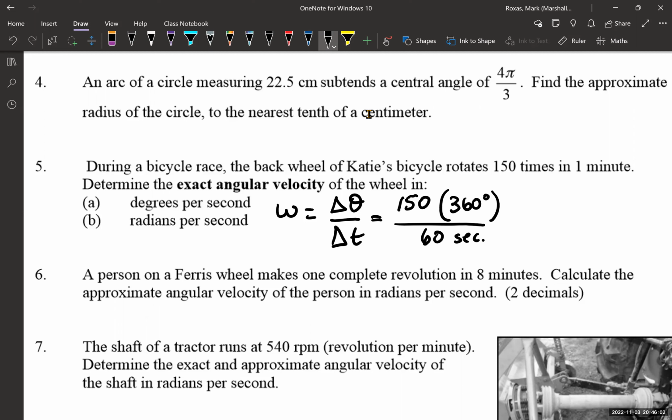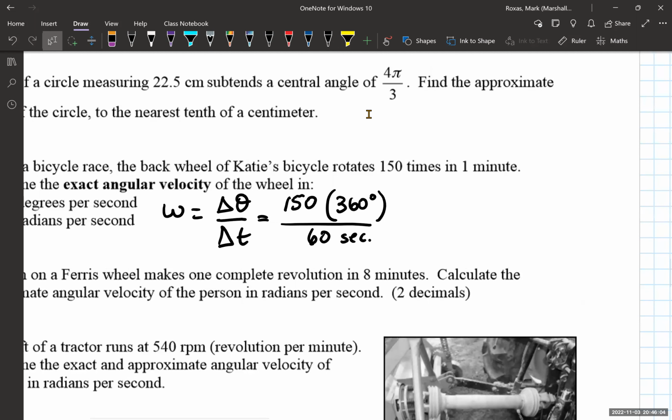I'll try and stick to SI units as much as possible. So 150 times 360 divided by 60 is going to be 900 degrees per second, right? Because the unit on top is degrees, the unit on the bottom is seconds, so degrees per second is my unit for the final answer.